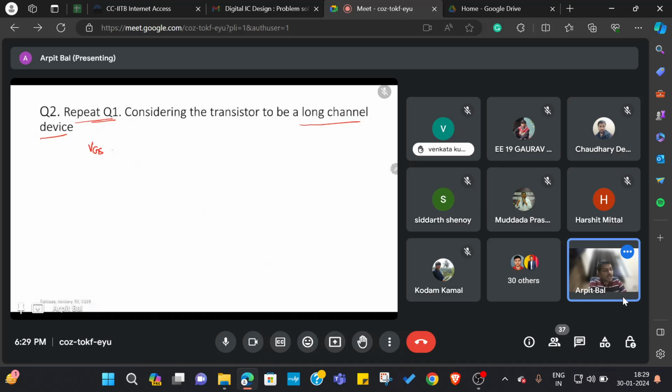We know VGS minus VTH is 0.54 and VDS was given to us as 0.6.